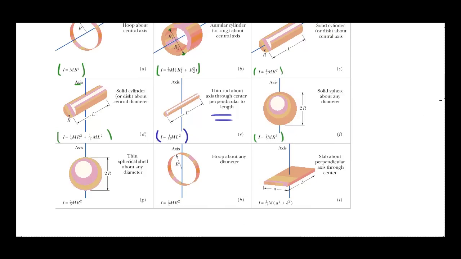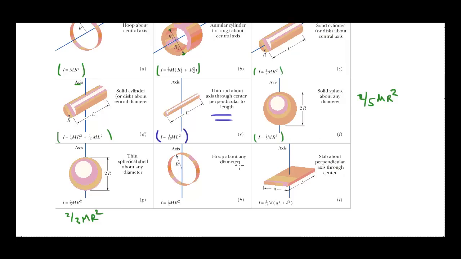This is a spherical shell, so it's not solid. This is just a shell. And you do it out and you get 2/3 m r squared. So this is 2/3 m r squared, where this one here was 2/5 m r squared.